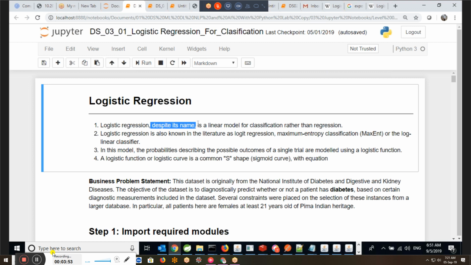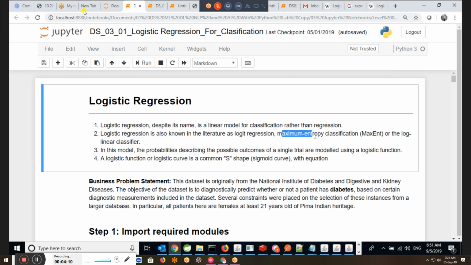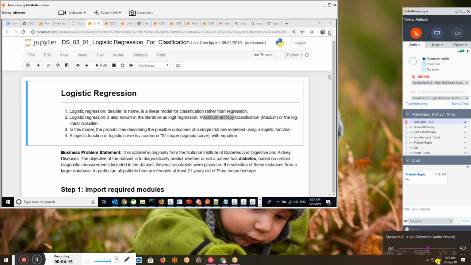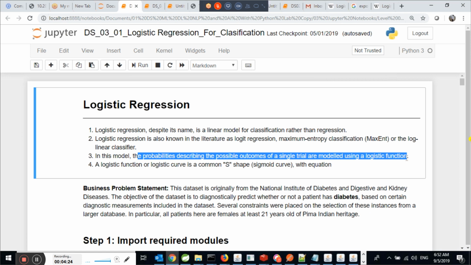Logistic regression, despite its name, is a linear model of classification rather than regression. Logistic regression is also known in the literature as logit regression, maximum entropy classification, or linear classifier. In this model, the probability describing the possible outcomes of a single trial is modeled using the logistic function.